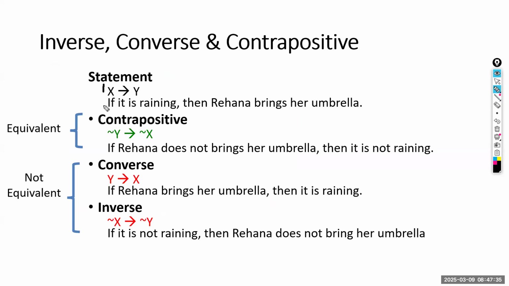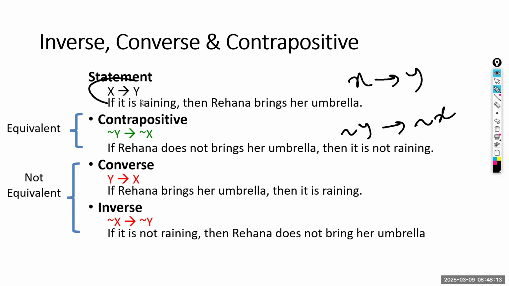If this is my statement, if X then Y, something like if it is raining, then Rehana brings the umbrella. වැස්සොත් අනිවාර්යෙන් Rehana කුඩේ අරන් එනවා. Then we can create a contrapositive statement. That is, when someone says X implies Y, we can create the contrapositive: not Y implies not X.